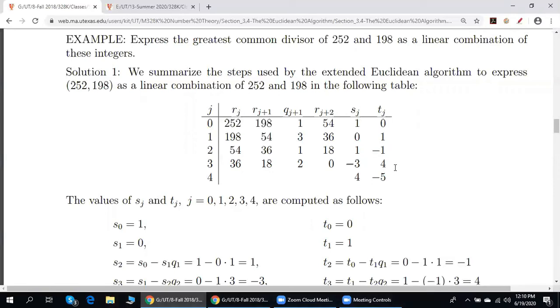Very last step. Since here we have 0, we need only the very last row.